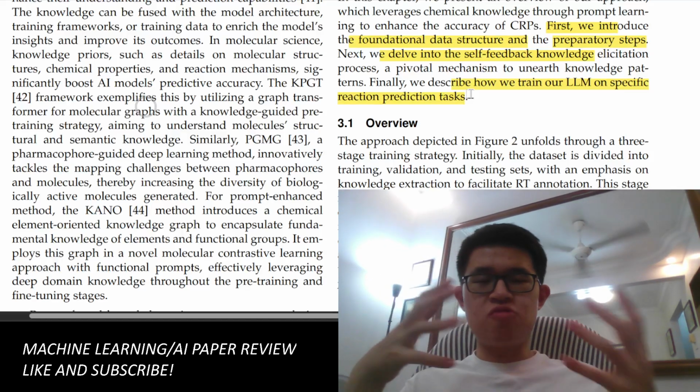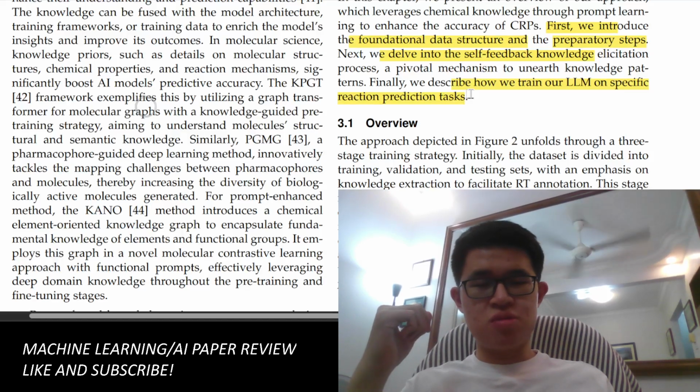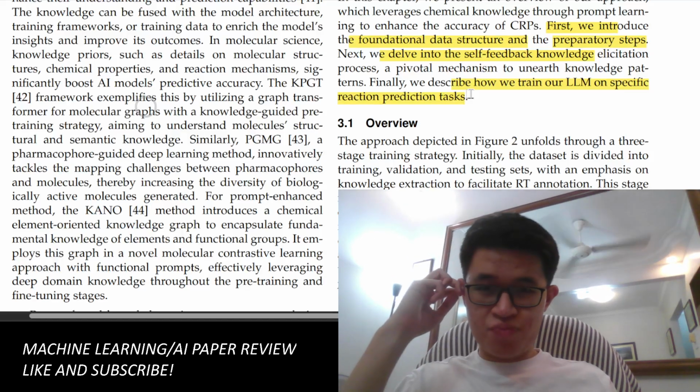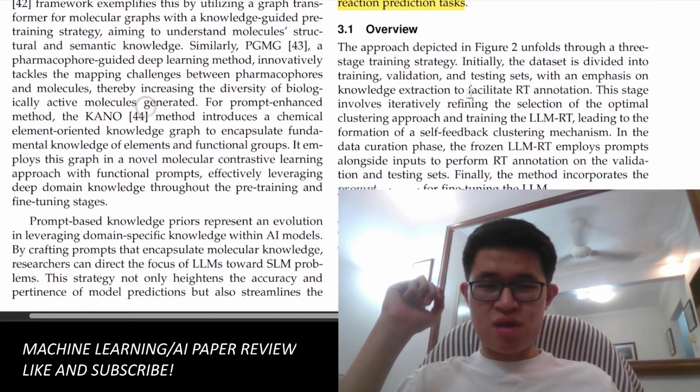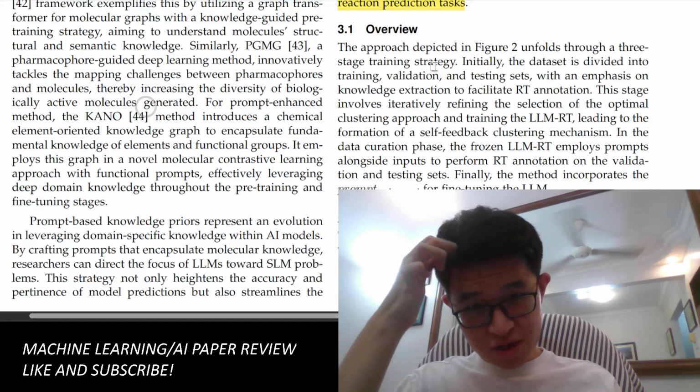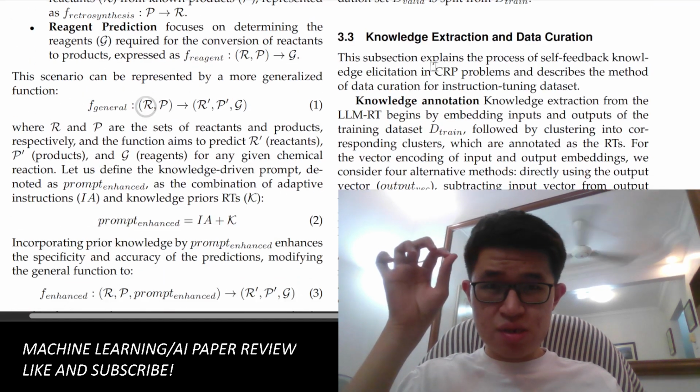So this approach does in fact need to fine-tune their LLM on their own custom dataset. So it's not entirely cheap right here, but that's okay. Let's see how long it is.